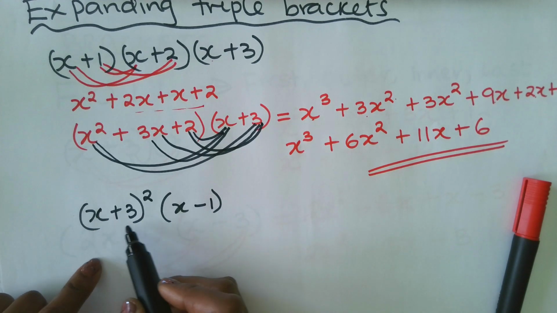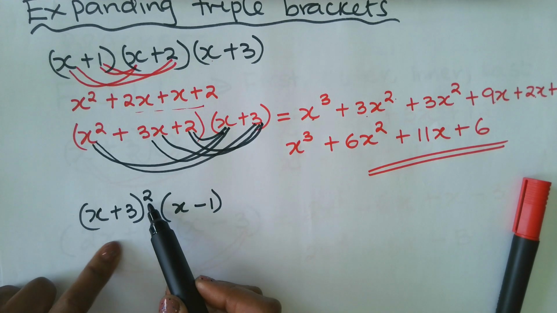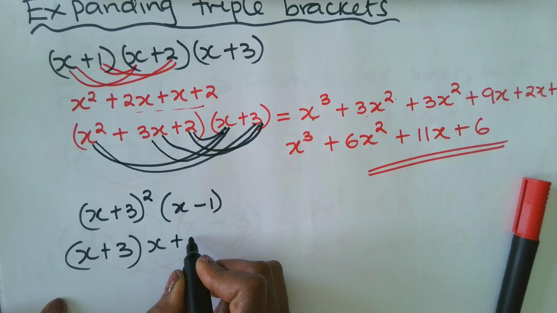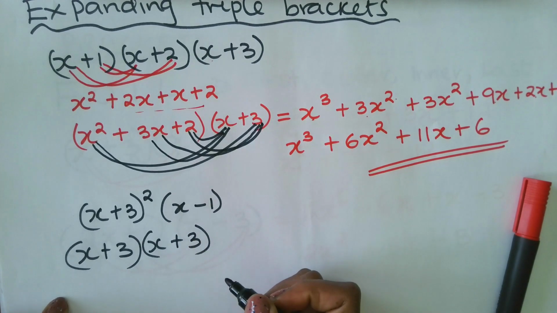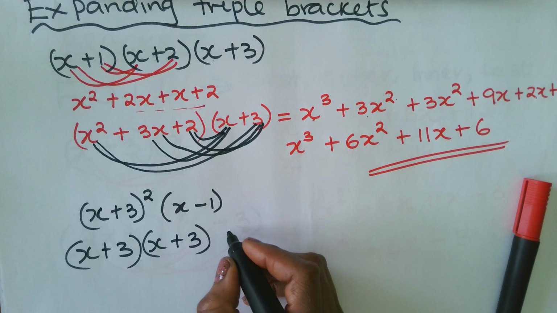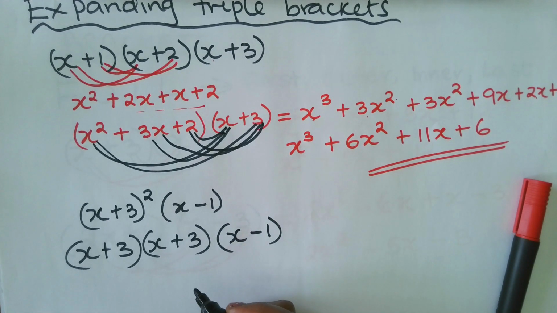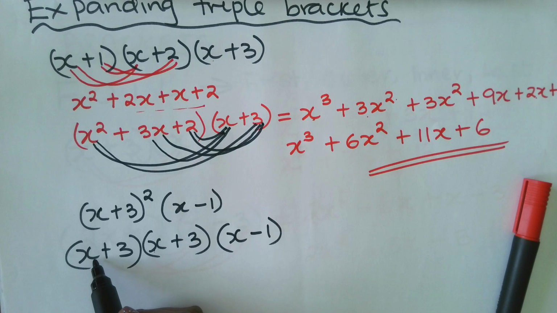We know that this x plus 3 all raised to the power of 2 means that x plus 3 has been given twice. So we're going to start with the first 2. We use the FOIL again: the first, the outer, the inner, and the last.